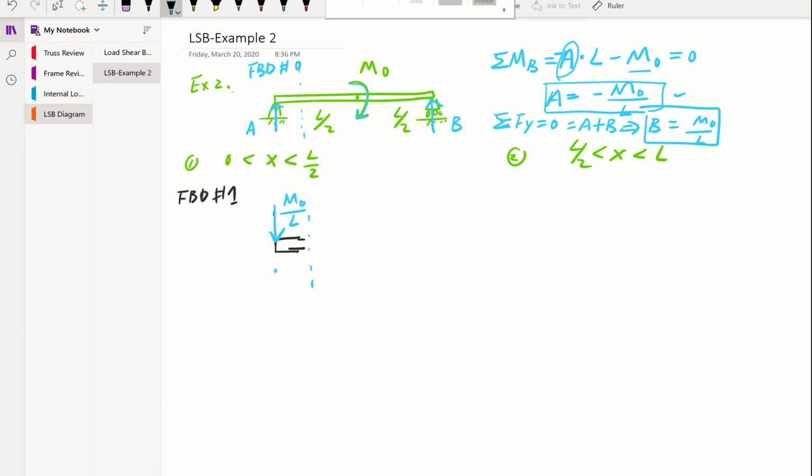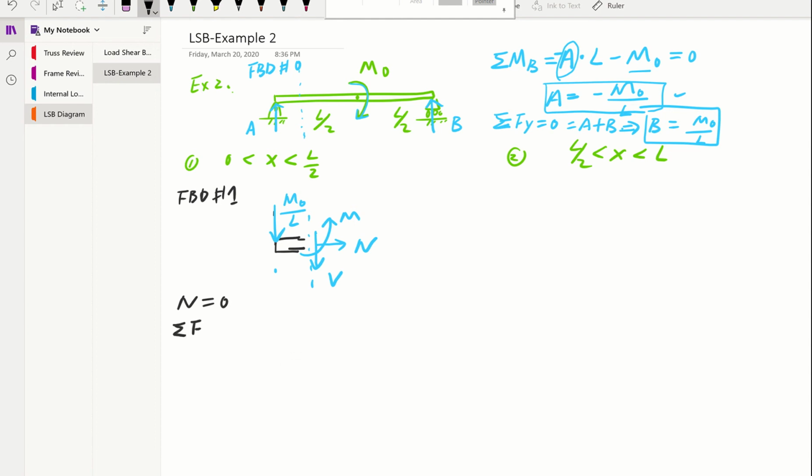Then at the cut, we have our internal loading. As usual, we have our normal force, made positive in tension, shear V, made to cause clockwise rotation, and bending moment, made to form a happy face. We are going to solve all three of them. First, N is quickly calculated to be equal to 0, since that's the only horizontal force.